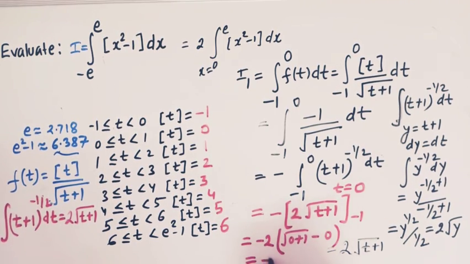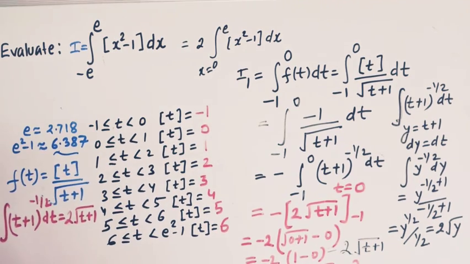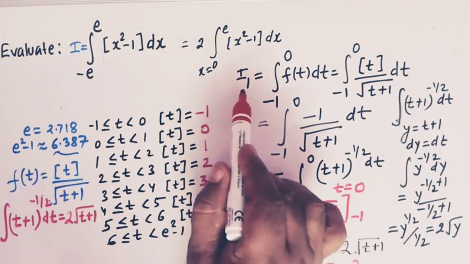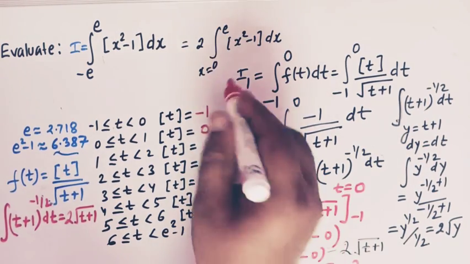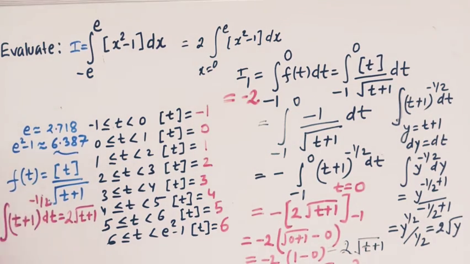So this is -2 times square root of 1, which is 1. So here we'll have 1 minus 0. So this is equal to -2, right? So therefore the value of I1 is equal to -2.